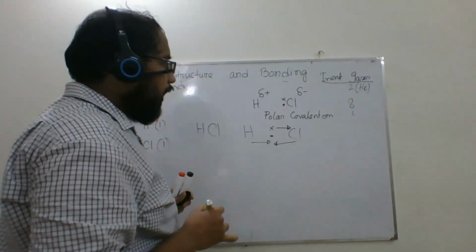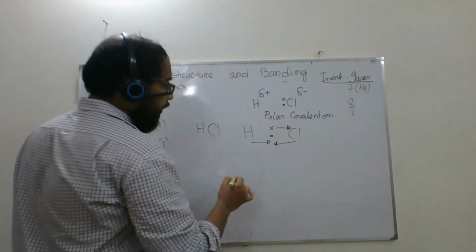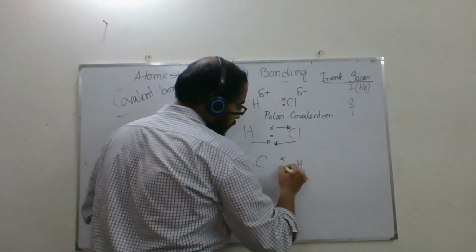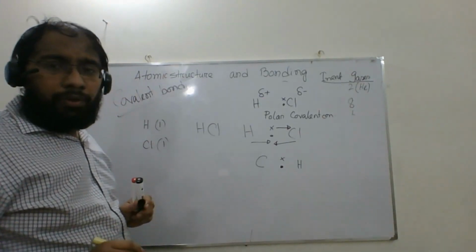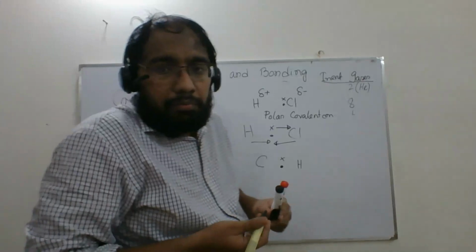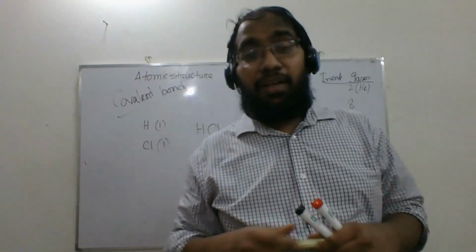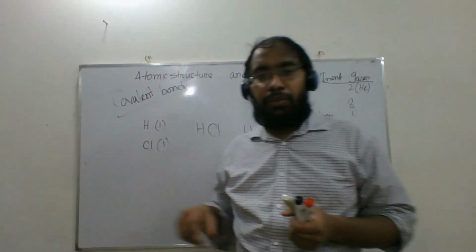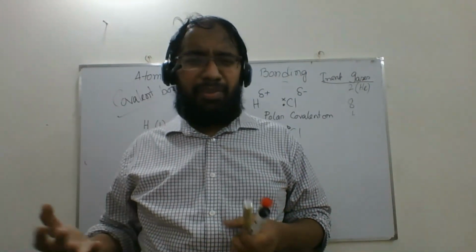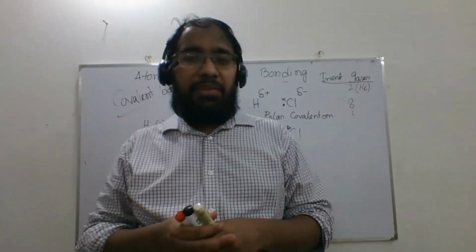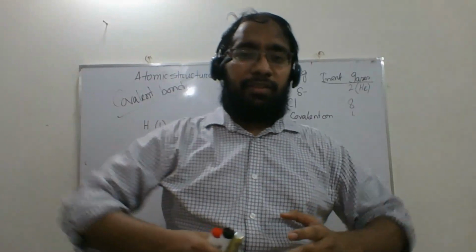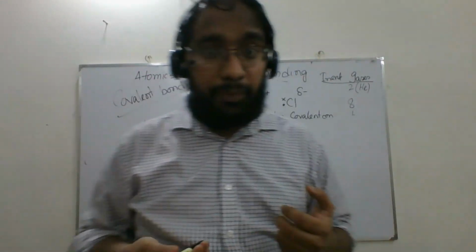Now there are some covalent compounds like carbon and hydrogen. In this covalent bond they never bother the electron of one another. You can remember some of your friends when you were in maybe elementary school, they snatch your breakfast and eat it because they were too much fascinated towards your breakfast.